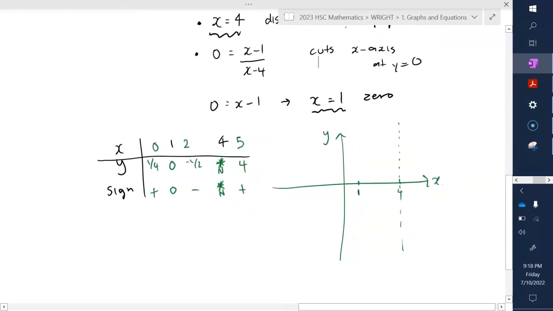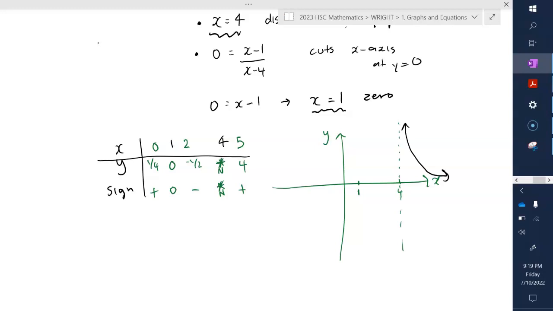Okay, so I'm going to start over here. I just like to start on the right-hand side. So we've got an asymptote at 4. We know on the right-hand side of the 4, we're on the positive side, so we are up here. So it's going to be like that. And we know that to the left-hand side of 4, we're negative, so we're down here somewhere.